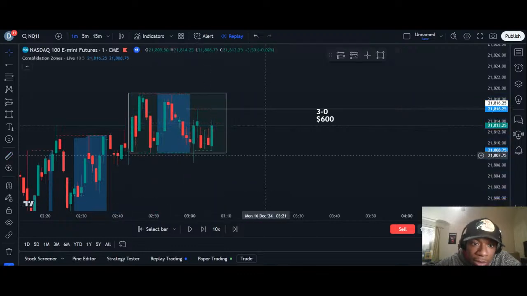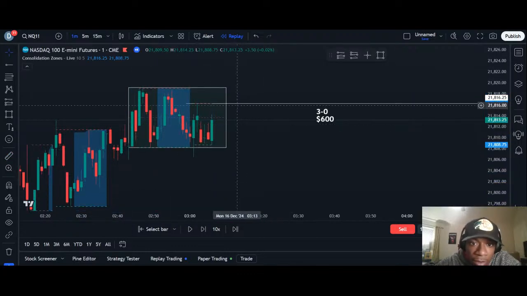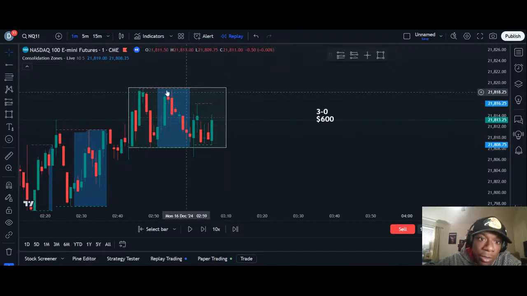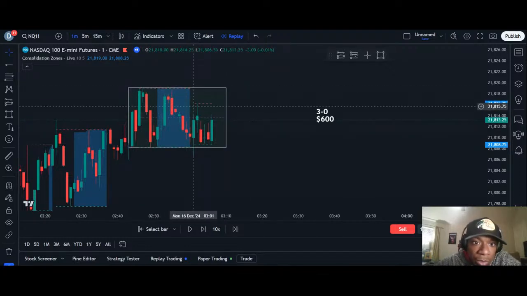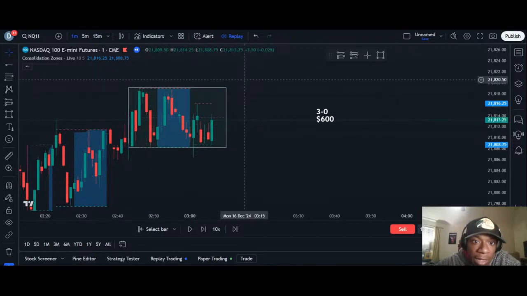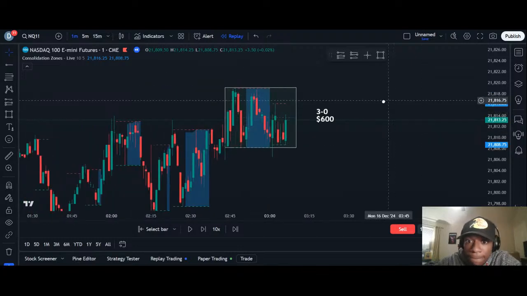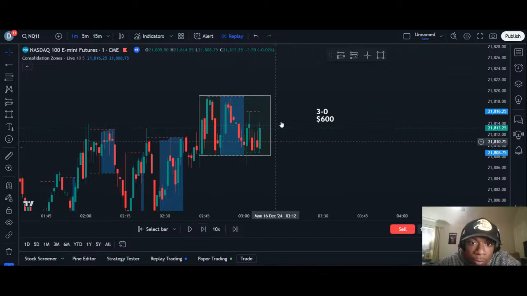And then you'll just be stuck sitting like, why didn't I just wait for it to break out of the original zone? So if you ever see a situation in which there's a zone inside of another one, wait till it breaks out of the bigger zone. So we're just going to completely ignore this zone that just formed.